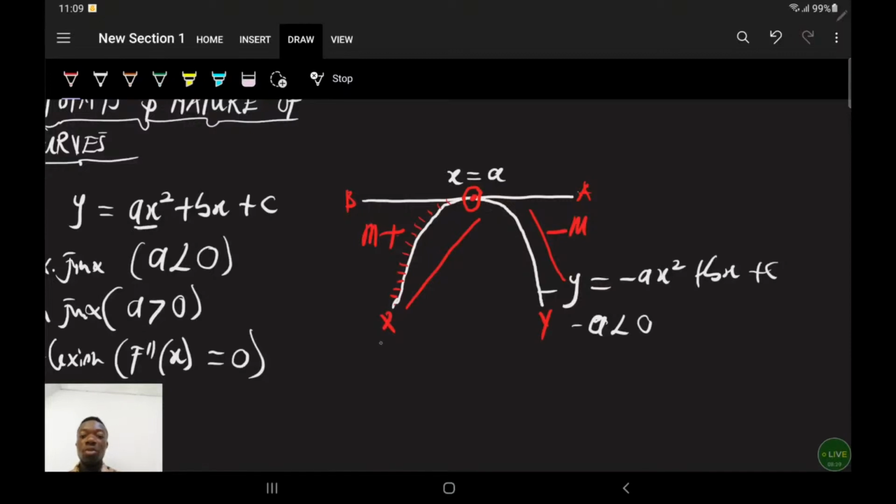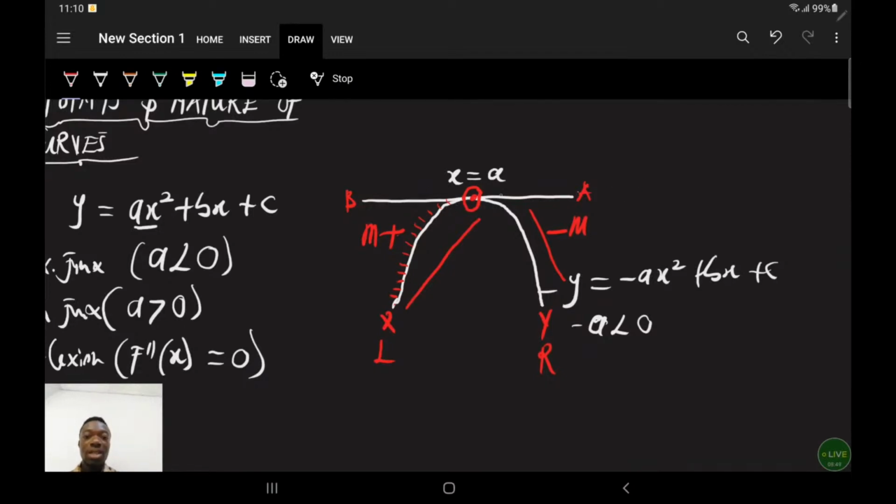So here we are moving from left towards right. For you to know that this is a maximum curve, your gradient line is going to be on top. In other words, the curve is going to be below the gradient line, where it will touch at the turning point, or point of tangency.